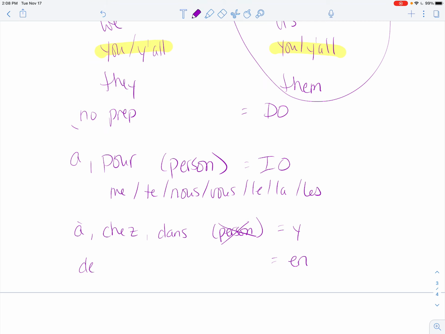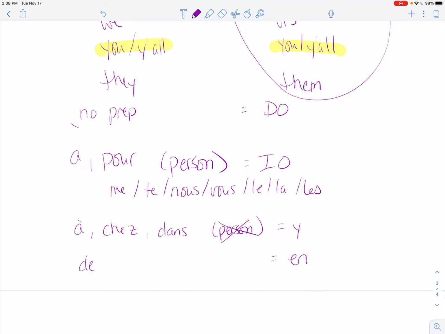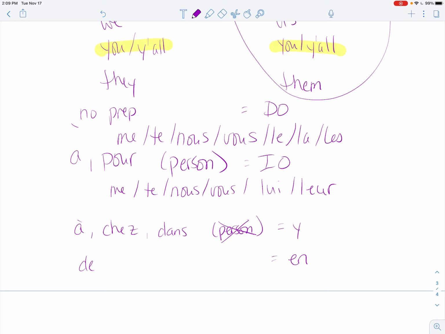So if you have no preposition, you've got a direct object, and then you're going to choose between me, te, nous, vous, le, sorry, did this completely wrong, le, la, or les, whereas for the indirect object here, what I meant to say was lui or leur. Okay, let me read through that again because I messed that up.